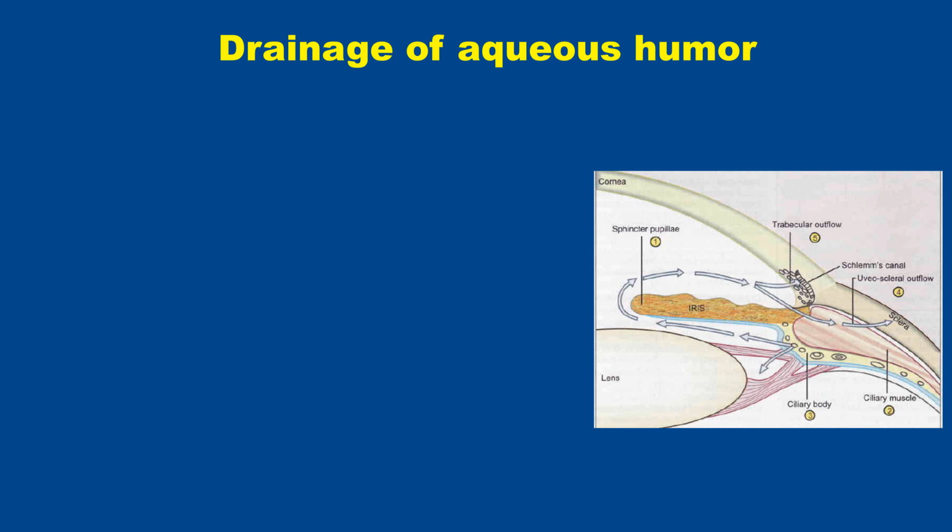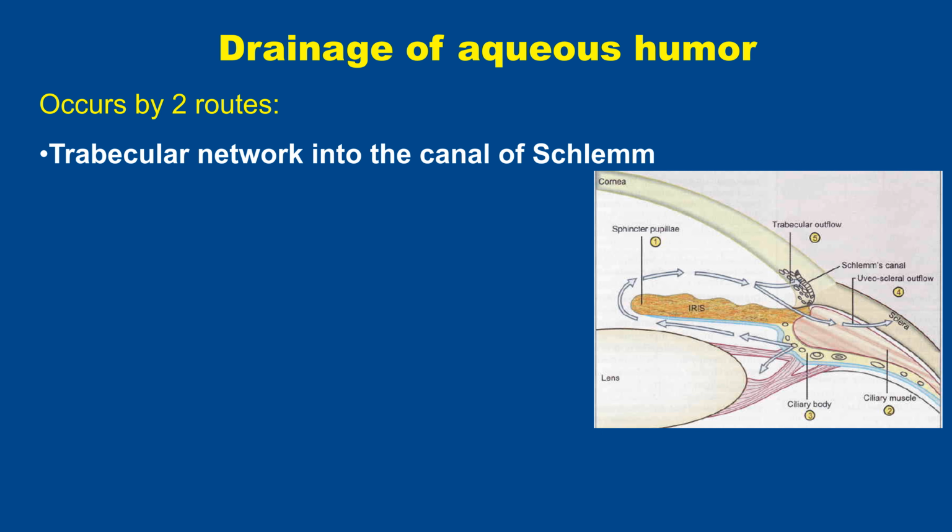Drainage of aqueous humor. Aqueous humor is a major factor in precipitating glaucoma. Aqueous humor is drained via two routes.